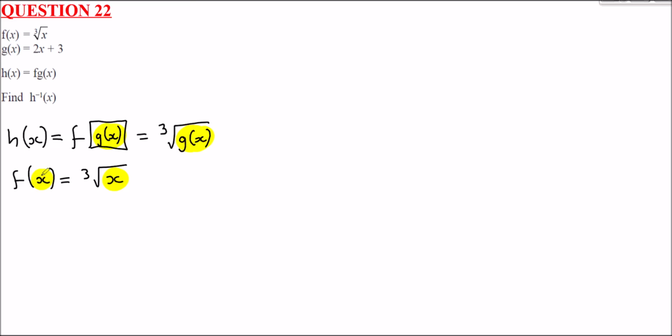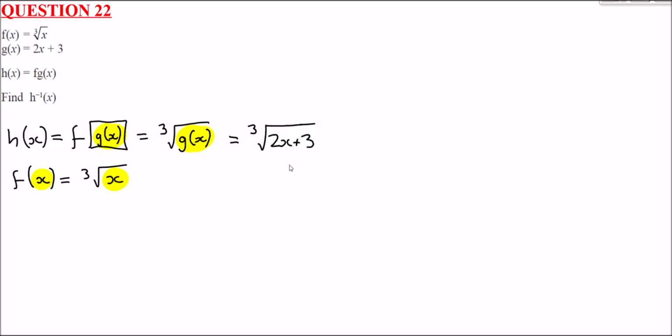So I think of it as f of whatever is the cube root of whatever. Our whatever here is g of x, so we just cube root that thing, in this case g of x. Of course, we know that g of x is 2x plus 3, so we can go one further and say h of x, which is the cube root of g of x, must be the cube root of 2x plus 3.